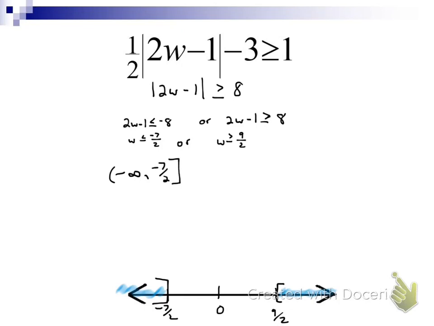So you say inclusively, and then the or is the union symbol. Inclusively, 9 halves to infinity. And I tried to stress it last time, we never put brackets with infinity. Why? Because we never can reach it. You guys feel okay about that? Okay.